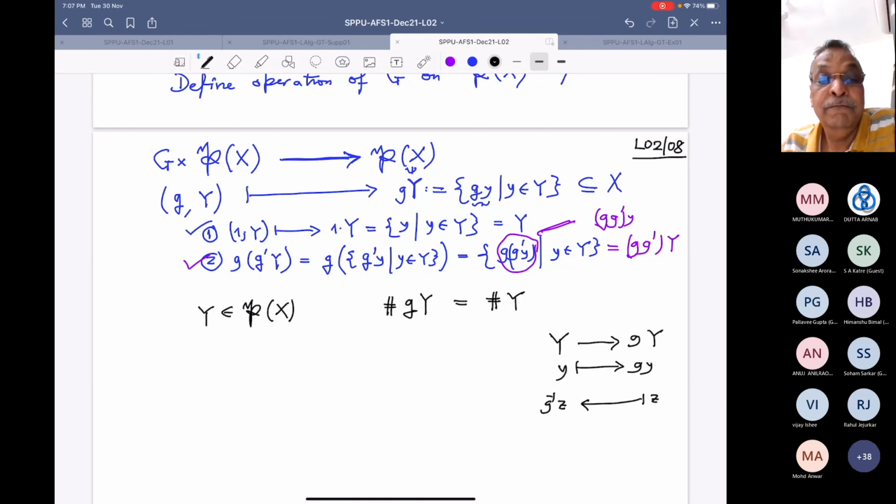Can I say that if I take two elements of G and they are the same? What do you mean? You want to give a bijective map now? I wanted to say that there are as many elements in GY as in Y. What you are saying is that there is a bijective map.